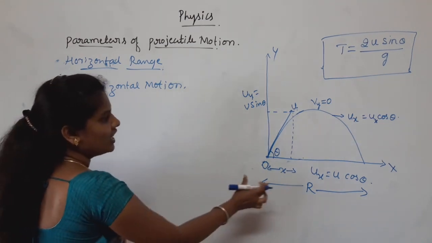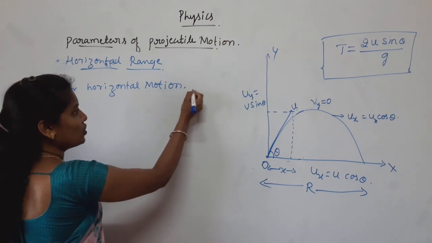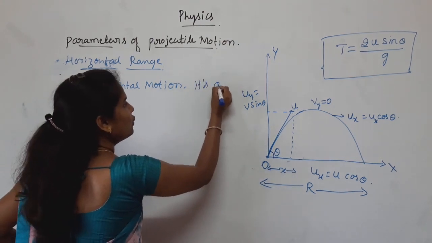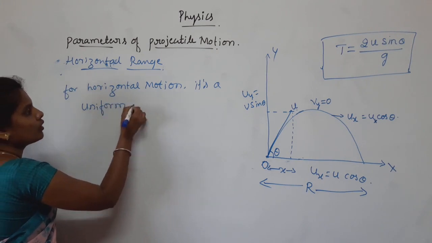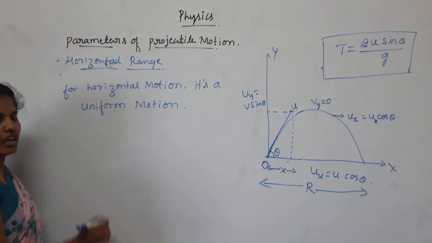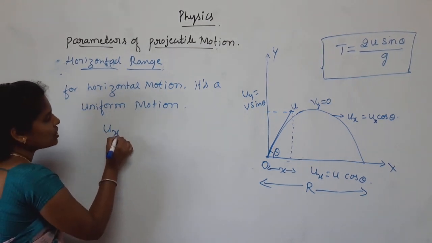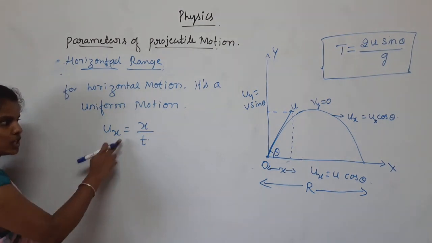Horizontal motion is uniform motion. For uniform motion, Ux equals x by t. Ux is equal to x by t.